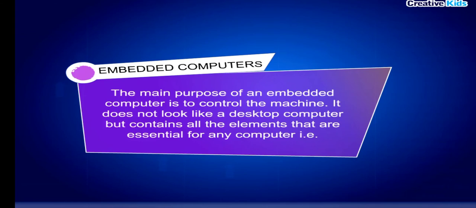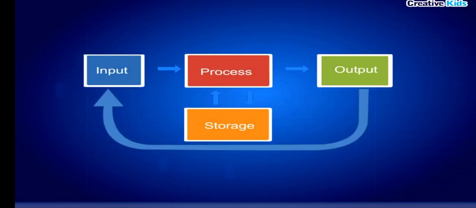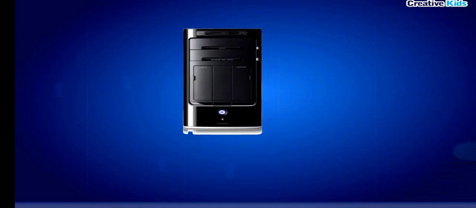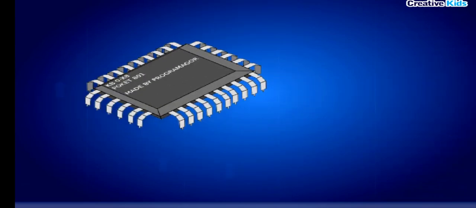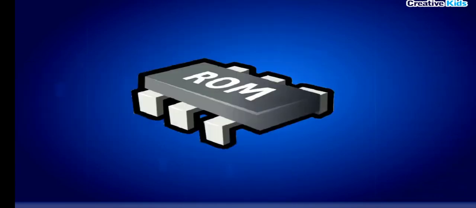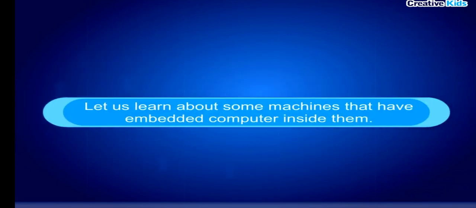It does not look like a desktop computer, but contains all the elements that are essential for any computer: input, output, CPU, RAM, ROM. Let us learn about some machines that have an embedded computer inside them.